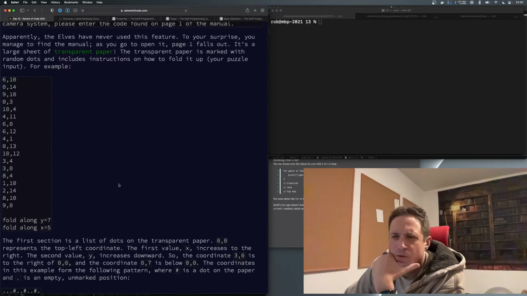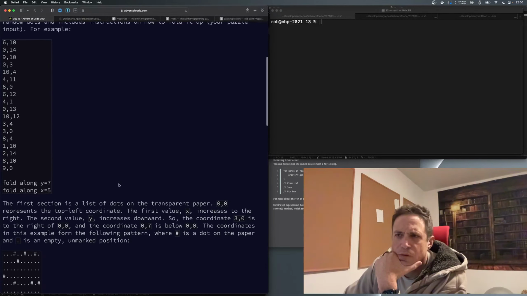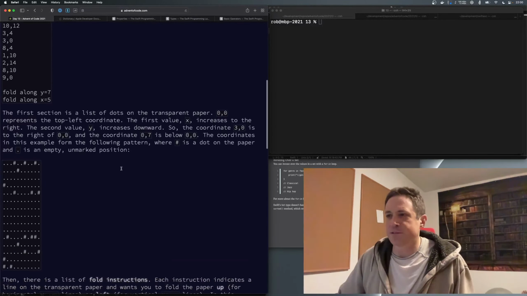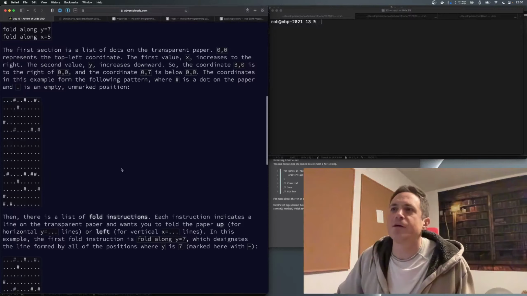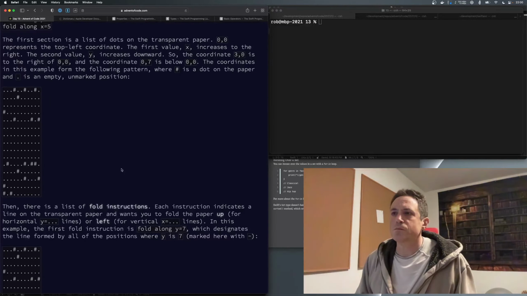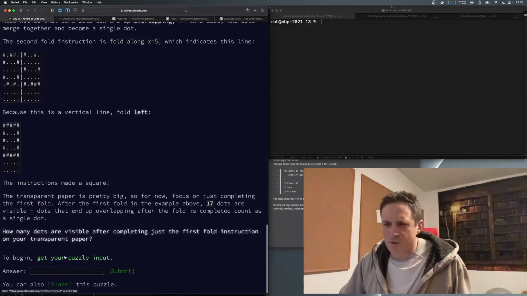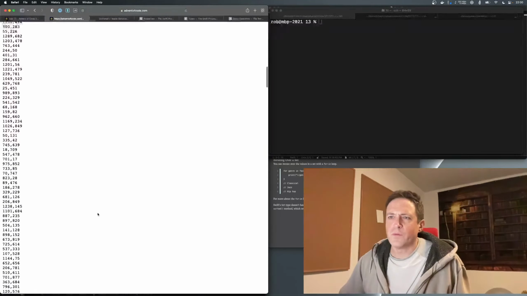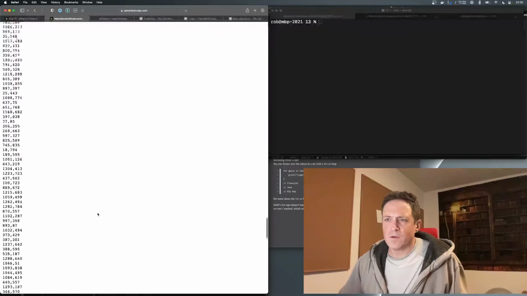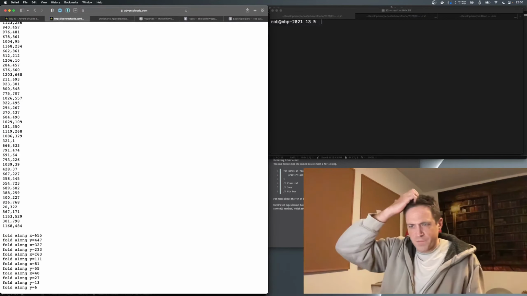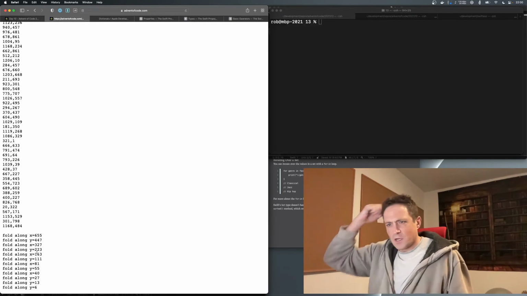Okay, we have two different kinds of input, so parsing is going to be very mildly annoying. What does our puzzle input look like? So we've got all these pairs, and then a bunch of fold commands.